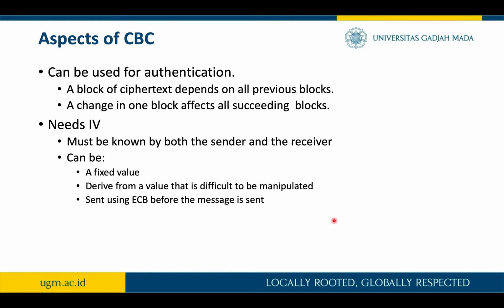CBC can be used for authentication, because a block of ciphertext here depends on all previous blocks. So if we change just one bit in one block, then it will affect all succeeding blocks.